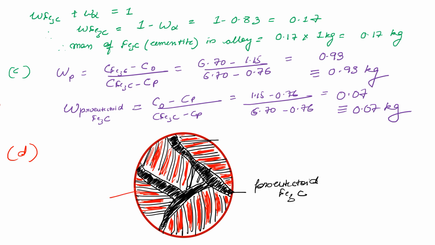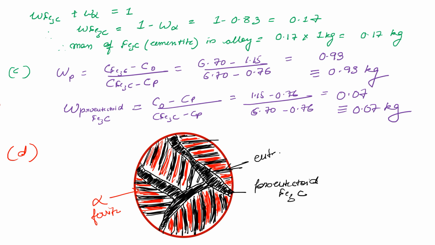So here this is alpha ferrite, and the colonies in between alpha ferrite is our eutectoid ferrite, cementite, sorry, so eutectoid cementite.